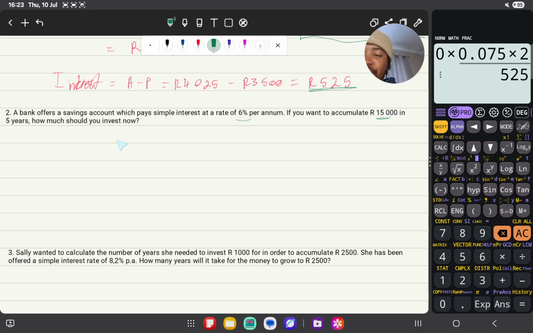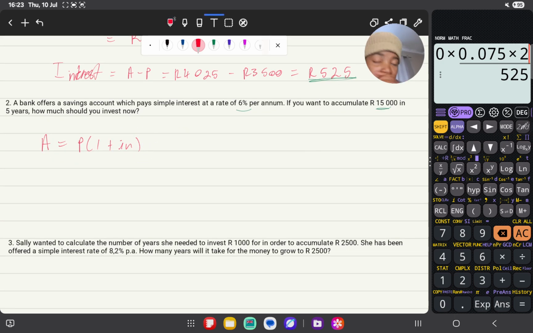So you go to your formula: A equals P(1 plus in), right? But something that I love to do, especially in these kinds of problems, is that after you've written the formula, instead of the traditional way of substituting and then working out the rest, since I know I'm calculating for P, I divide by 1 plus in on both sides.